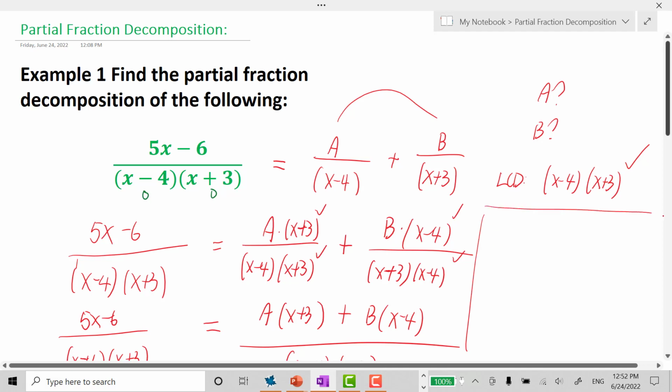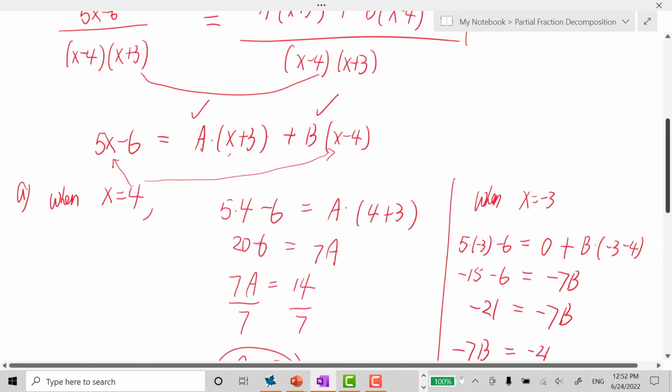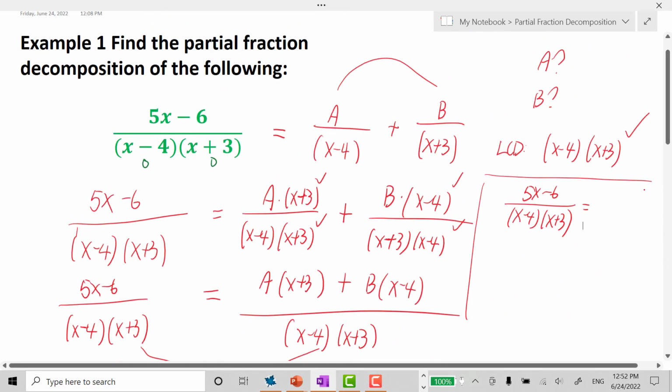The final result here is (5x minus 6) over (x minus 4)(x plus 3), which must be equal to a equal to 2 and b equal to 3. So that's equal to 2 over x minus 4 plus 3 over x plus 3. And this is our result.